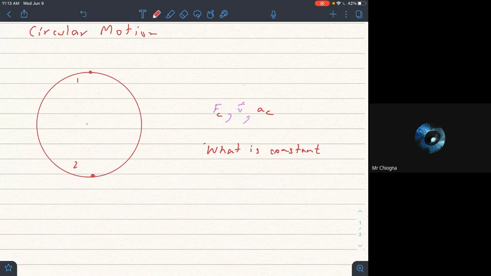In uniform circular motion. You do 3 and 4 as well. Yeah, you know what? I'll get even fancier. Add on 3 there. That's position 3.